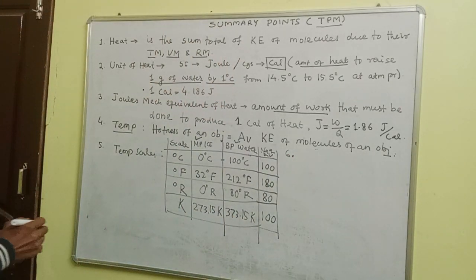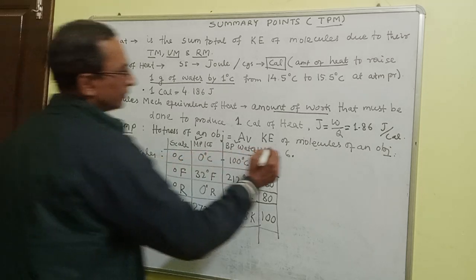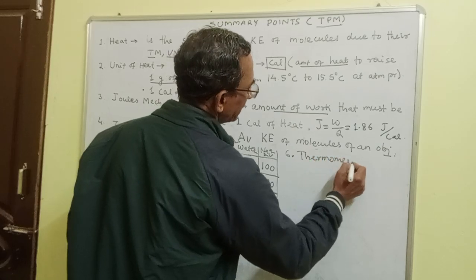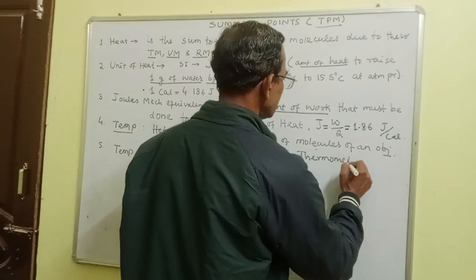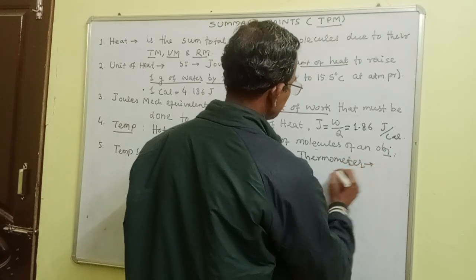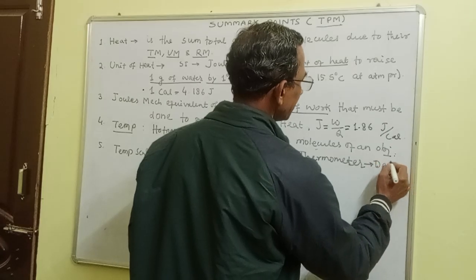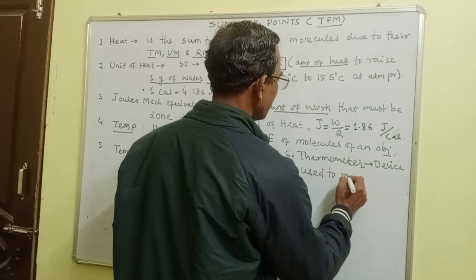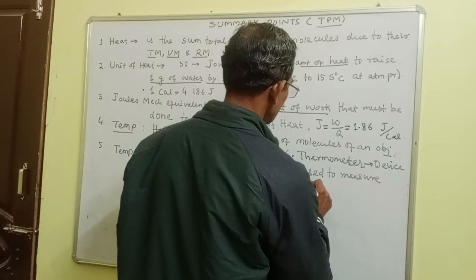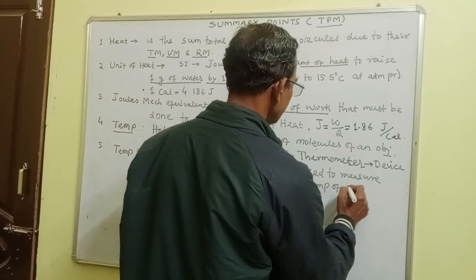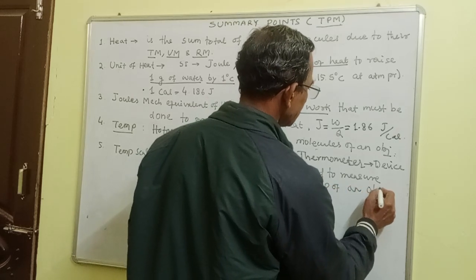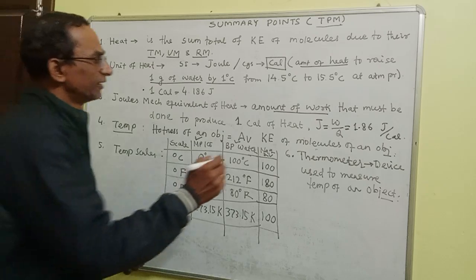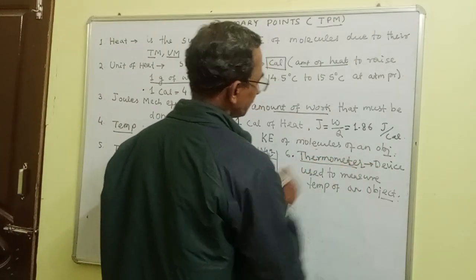Before that, let us write what is thermometer. Thermometer is the device or instrument used to measure temperature of an object. कोई ऑब्जेक्ट का टेम्परेचर मापने के लिए we'll be using the device that is known as thermometer.